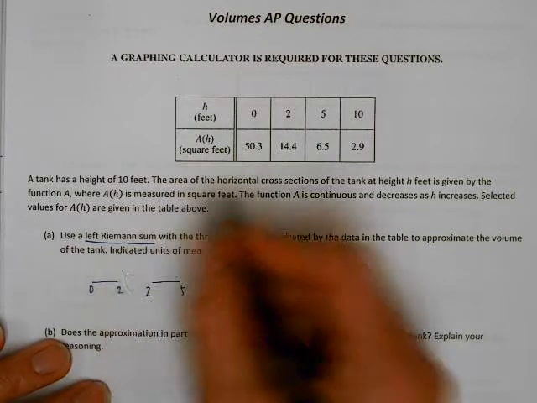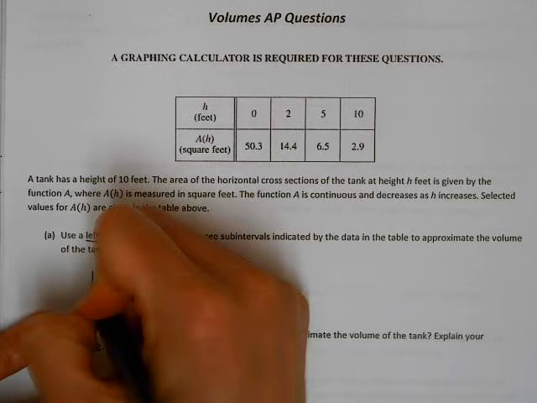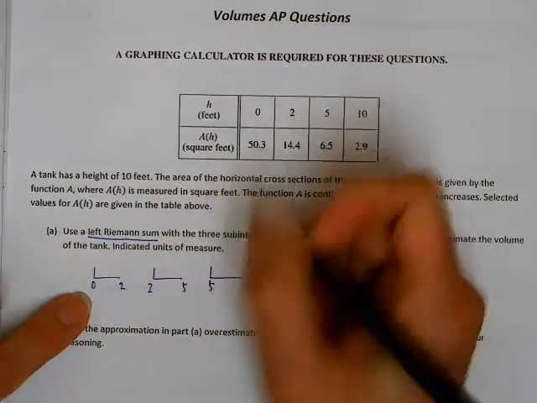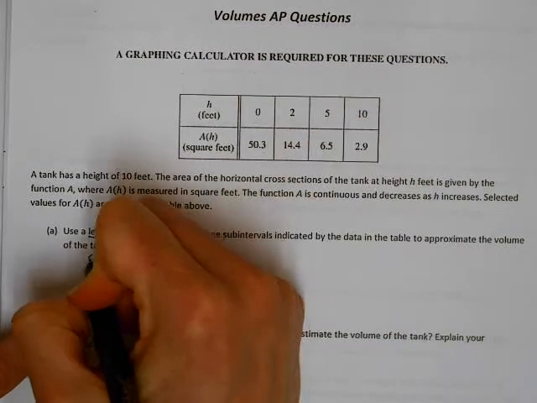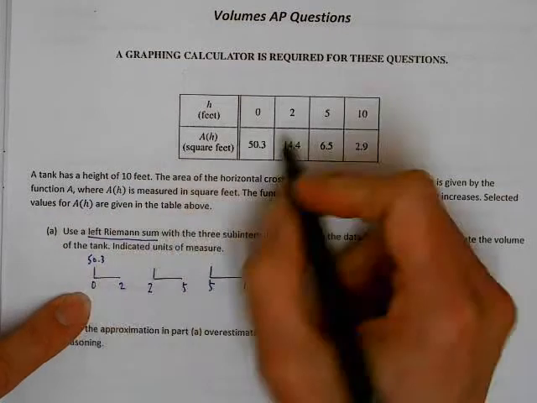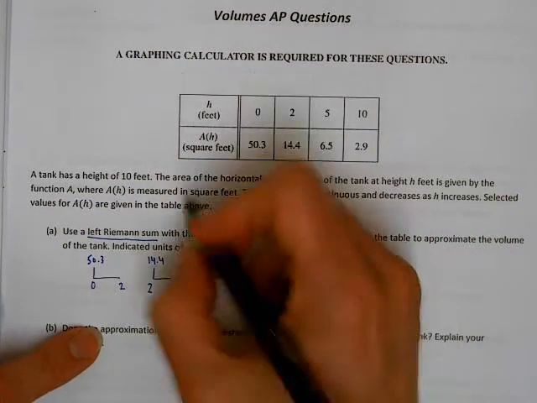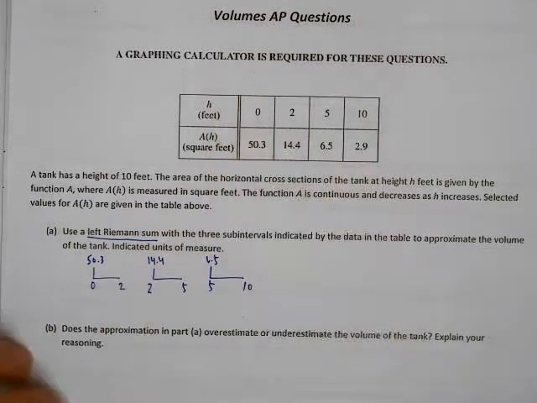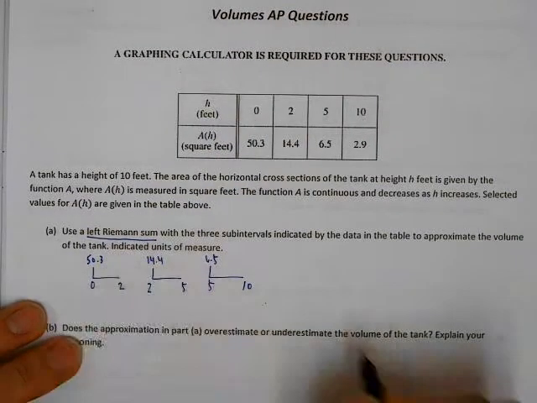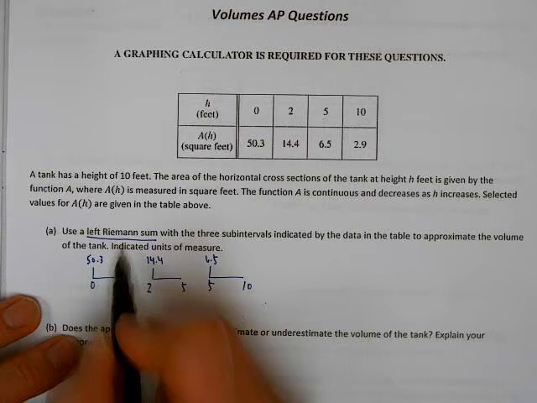And then, let's see, left. So at 0, the area is 50.3. At 2, it's 14.4. And at 5 it's 6.5. So then we're going to do base times height because we know these are rectangular approximations.